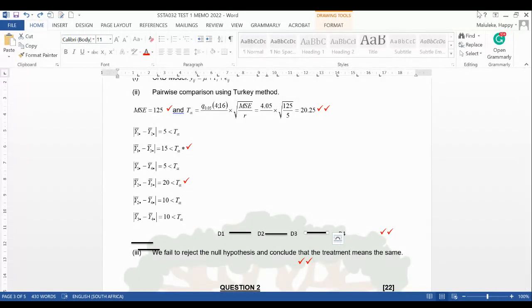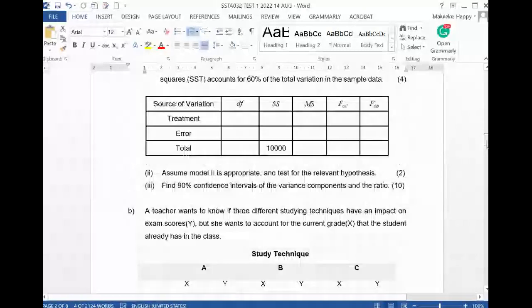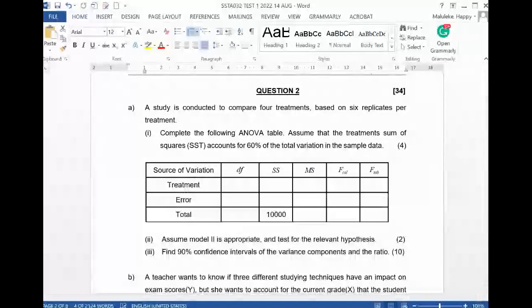Based on our findings from Roman figure 2. So let's go to the last one now, which is question 2. Let's move to question 2, guys. Some of the students made a big mistake.